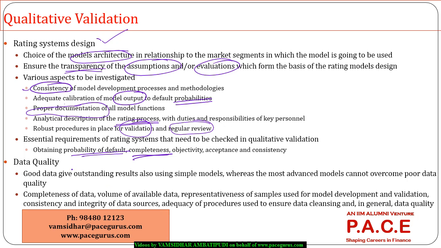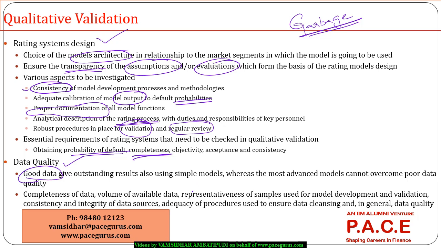Similarly, the data quality is also checked as a part of the qualitative validation, because if I am giving garbage data as the input, the output that I am going to get is also garbage. So that is where I need to ensure that for whatever model I am building, the data quality should be of utmost importance.